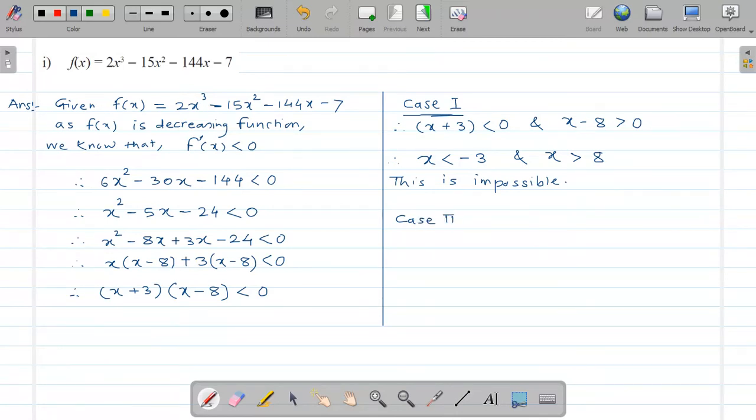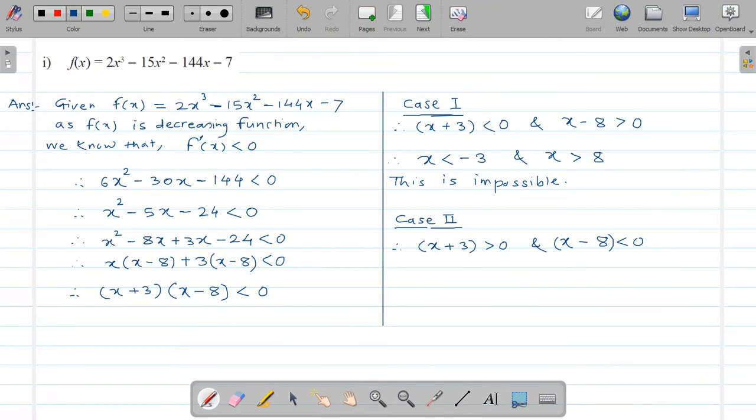Now in the second case, what do we have to consider? We will consider that x plus 3 is greater than 0 and x minus 8 is less than 0. Here we consider one number, x plus 3, as positive and x minus 8 as negative.